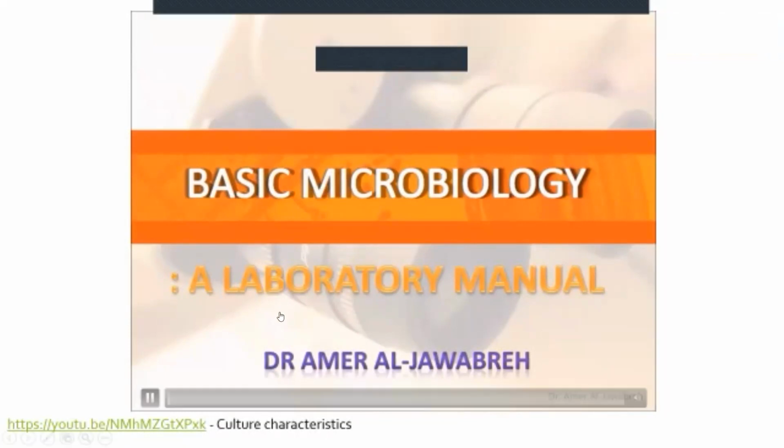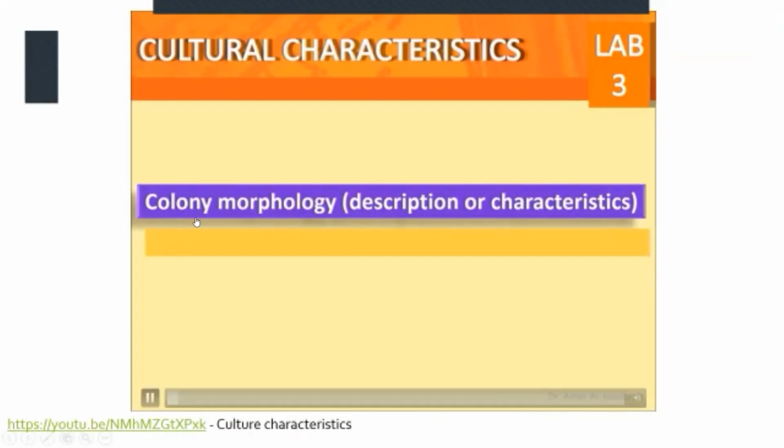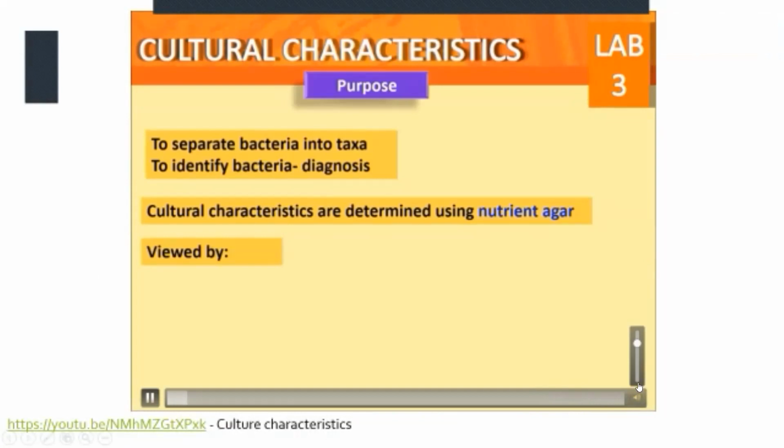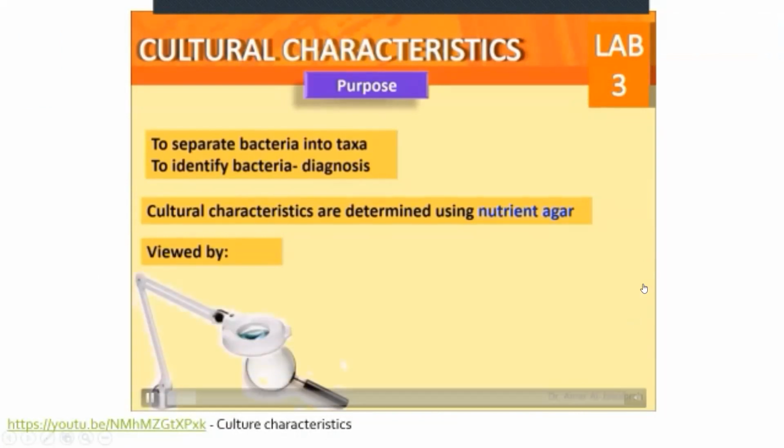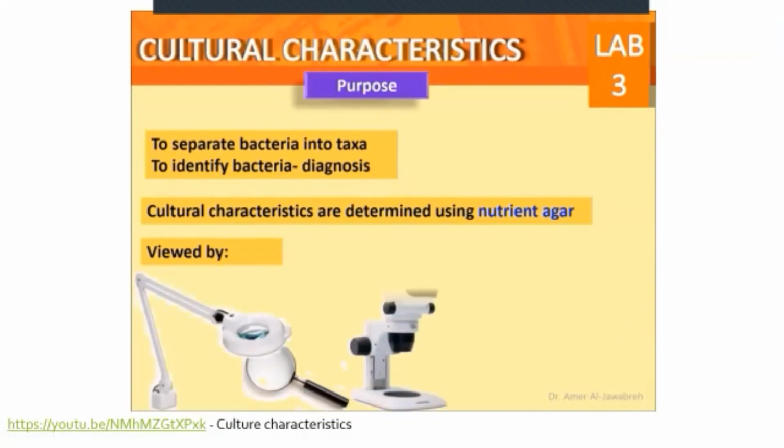Basic Microbiology, a laboratory manual. Colony morphology, or description of characteristics. Purpose: to separate bacteria into taxa, to identify bacteria, for diagnosis. Cultural characteristics are determined using nutrient agar. They are viewed by lenses or stereo microscope due to 3D image.